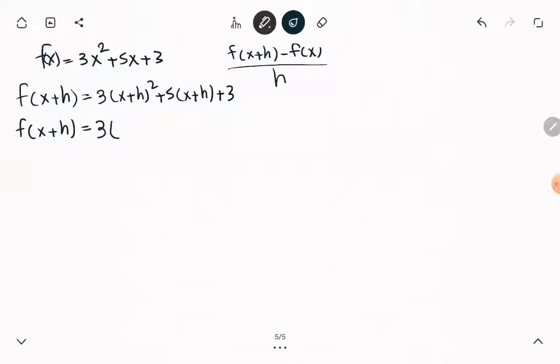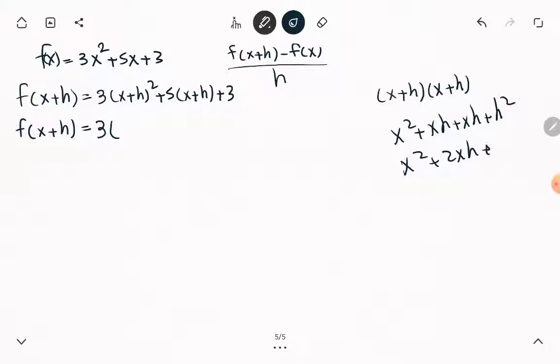So if you FOIL x plus h to the power of 2, x plus h times x plus h, we get x squared plus xh plus xh plus h squared, which is x squared plus 2xh plus h squared.